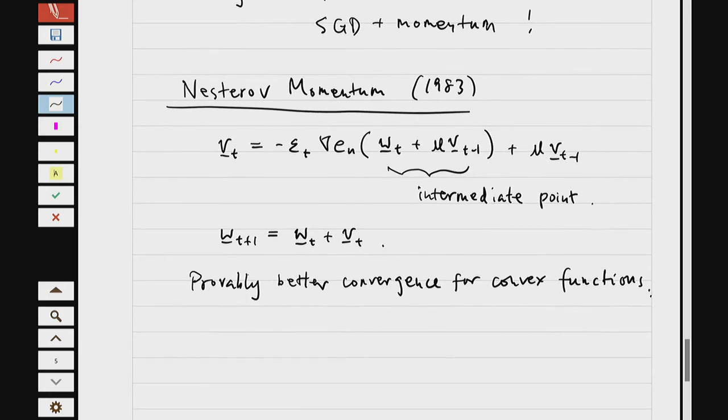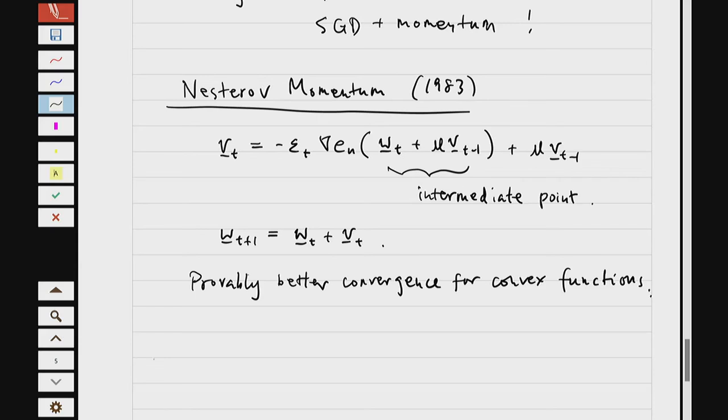How do we measure the convergence of optimization? Well, we want to measure how far away you are from the optimal point, right? Optimal point is W star, and then our current point is Wt. So we just measure at the T step, how far away are we.